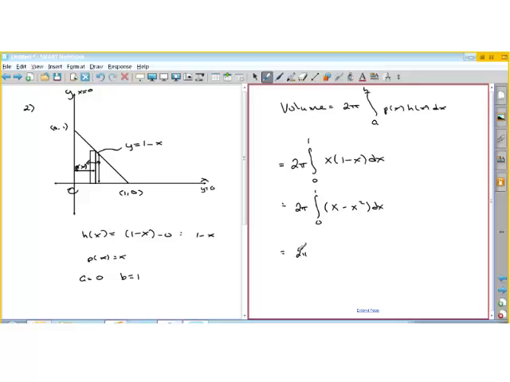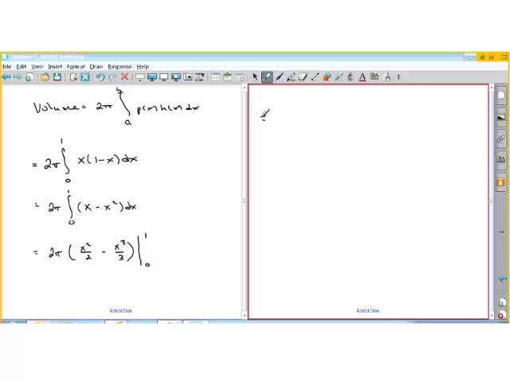We integrate. The integral of x is x squared over 2. The integral of x squared is x cubed over 3. We've integrated, so we remove the integral sign. We draw our straight line, and we integrate from 0 to 1. And then we plug in the two limits.